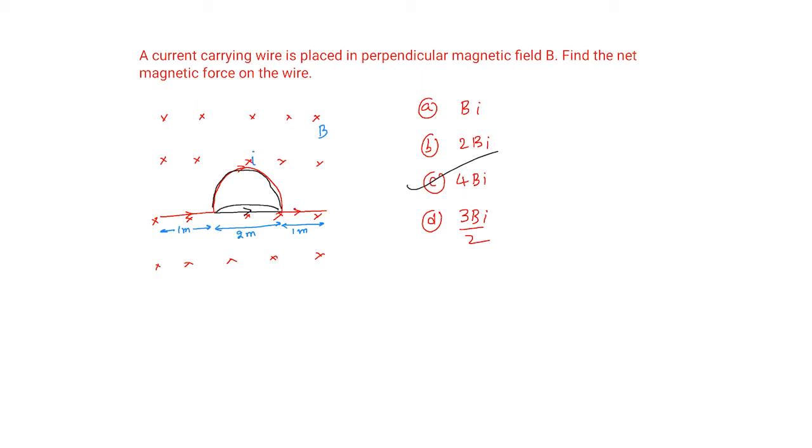What is the length of the straight part? 2 meters. What is the total length of the straight part? 4 meters. So force is equal to BIL sine theta. Theta equals 90, so force is equal to BI, L is 4 meter into sine 90. So F equals 4BI. This is the correct answer. Copy this.